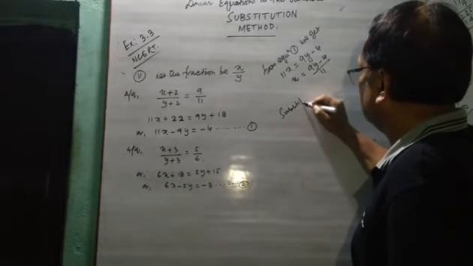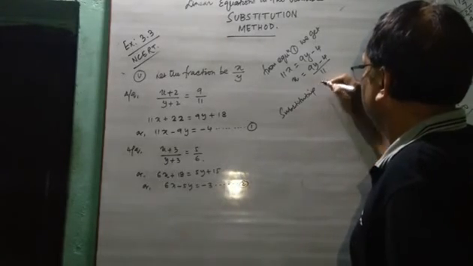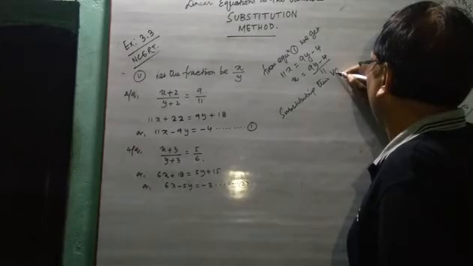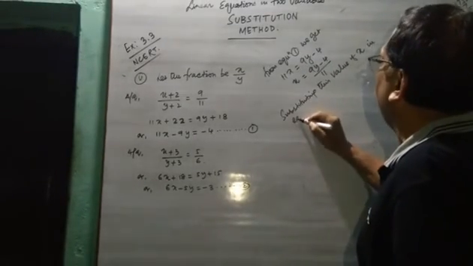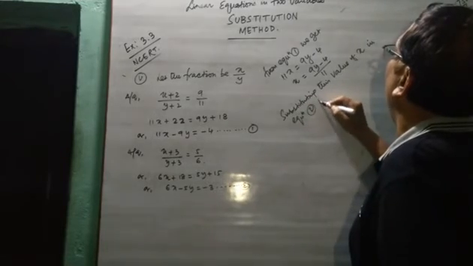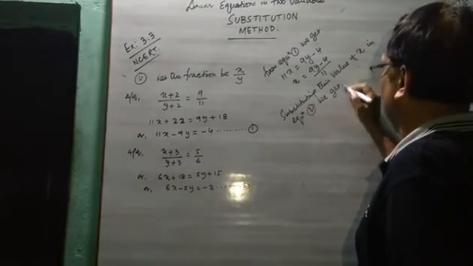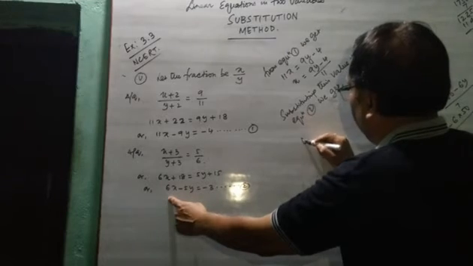Substituting this value of x in equation 2, that is 6x minus 5y equals minus 3.